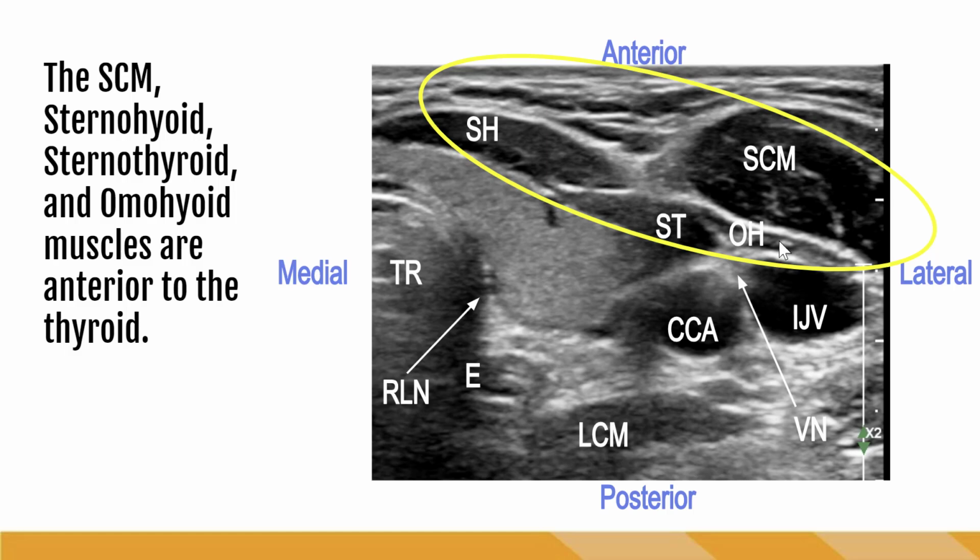And then we have the omohyoid muscle, which kind of sits in between the jugular vein and the sternocleidomastoid. Again, we are going to find value in understanding that these are the strap muscles, because as we are looking through the neck parenchyma, we might see these as abnormal lymph nodes or abnormal structures, and we want to differentiate between normal anatomy and true pathology.